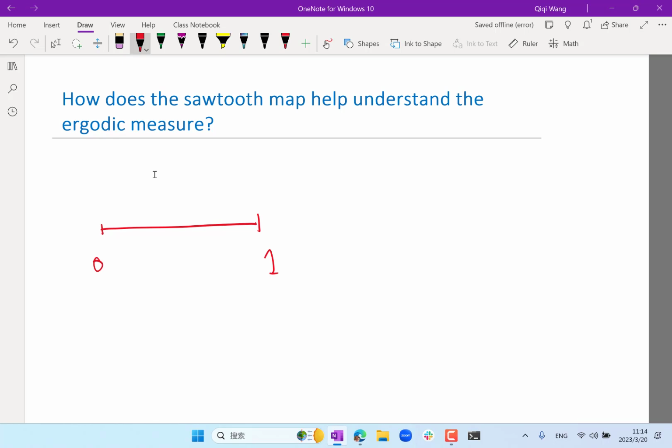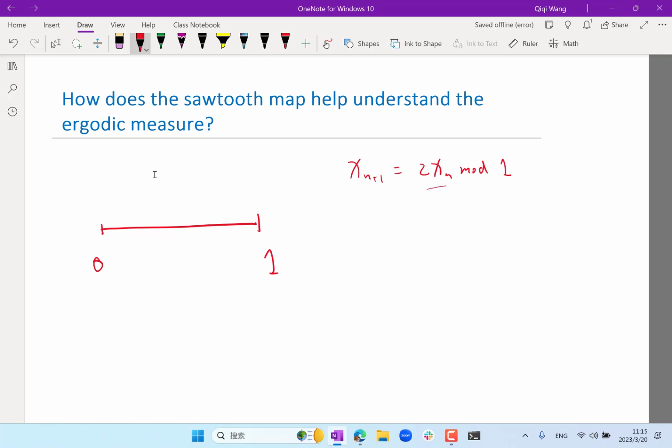This is actually a lot easier to think about if we convert the system from a geometric map into something algebraic. So just to think about the system, x n plus 1 equals 2 x n mod 1. What is it algebraically?